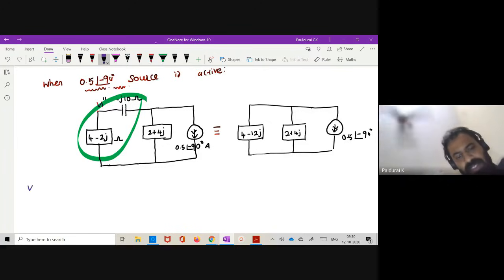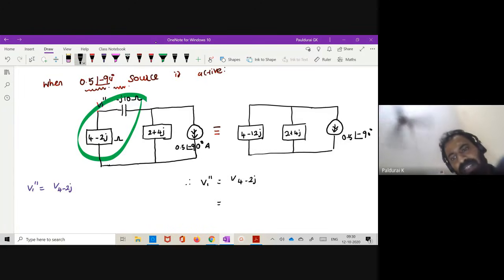V1 double dash is nothing but the voltage across 4 minus 2j, okay. So that's what I'm writing here, V1 double dash, the voltage across 4 minus 2j, V equal to I times R, where R is, don't change that resistance, it is 4 minus 2j into I. This is my I, okay.